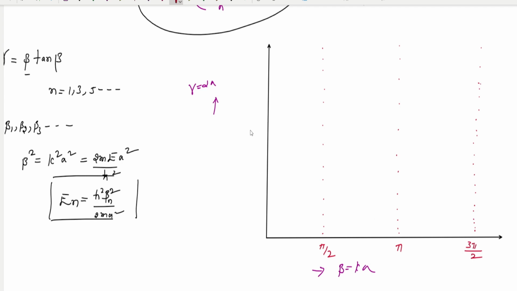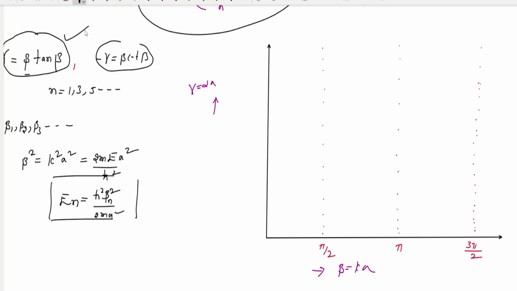Okay, good. So here I have gamma is equal to beta tan beta, and one more equation is there, that is minus gamma equal to beta cot beta. So we need to draw these two equations in graphical representation, then we can understand.